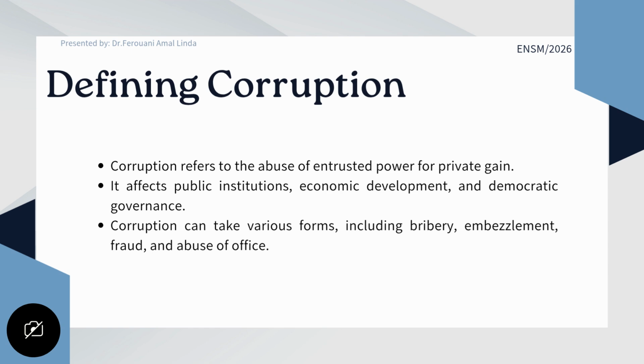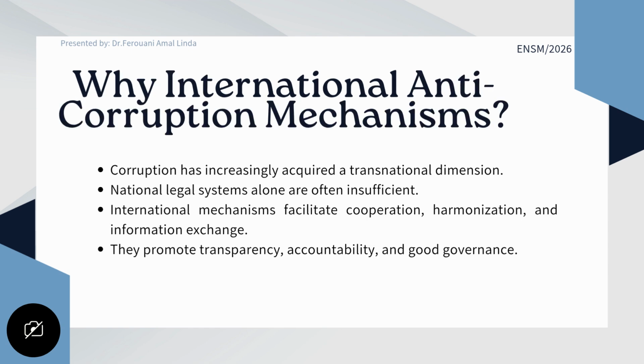The next question concerns the need for international mechanisms to address it. Why international anti-corruption mechanisms? The growing internationalization of economic and political relations has given corruption a transnational dimension that often exceeds the capacity of national legal systems.